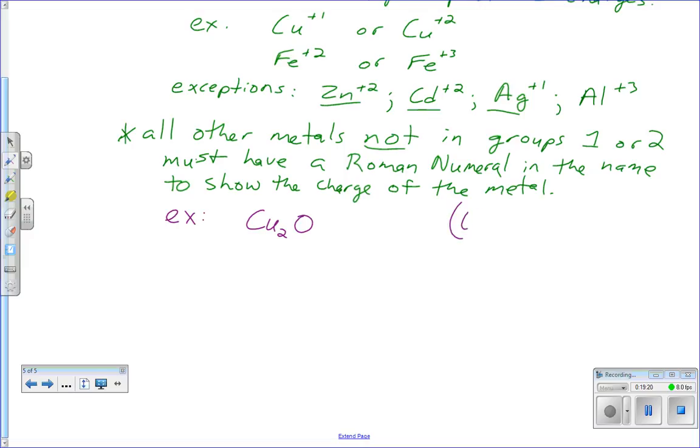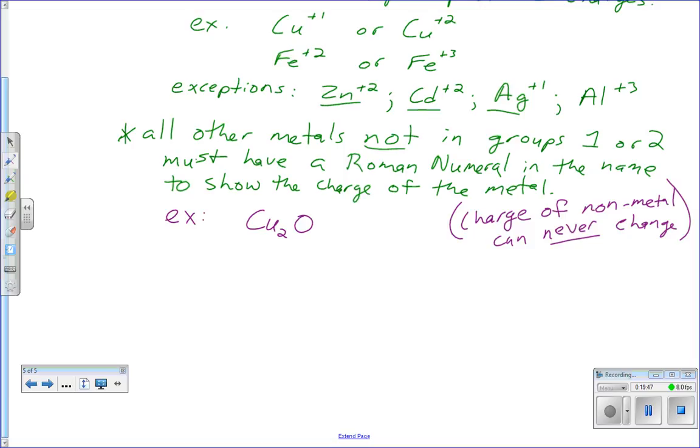We'll write that down. Charge of nonmetal can never change. That'll be important pretty soon also. So, the charge of the oxygen can never change.